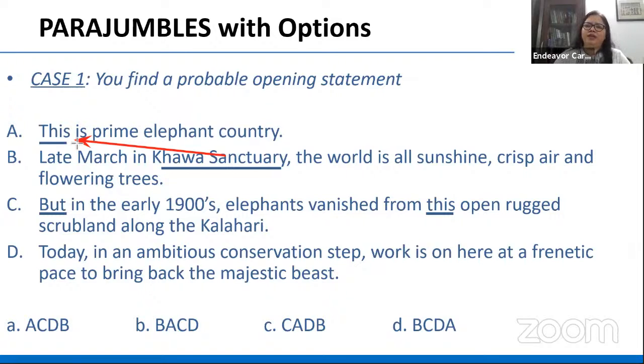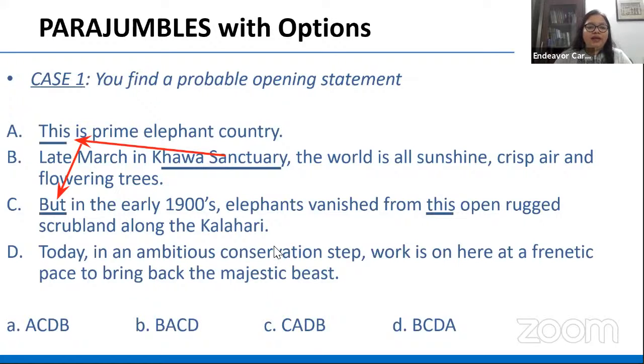What is prime elephant country? This is where a lot of elephants were living. This is mainland, important land for elephants. That's where the whole idea comes up. But in the early 1900s, elephants vanished from this land. This was the main homeland for elephants. But in the early 1900s, elephants vanished from this open, rugged scrubland.